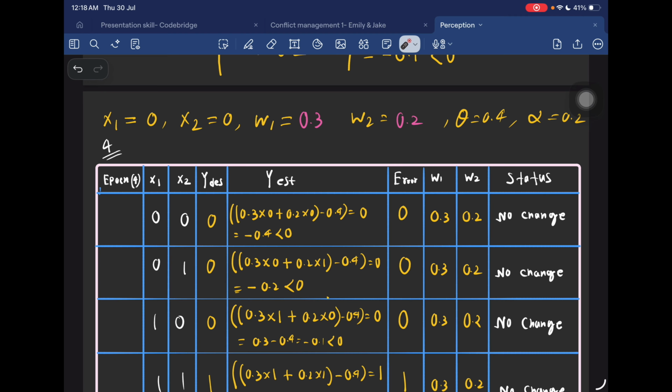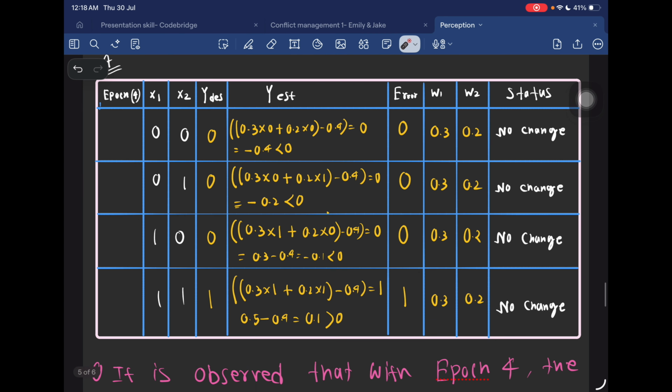Okay, actually there is a mistake here in the symbols. For the features 0 and 0, our weights are 0.3 and 0.2, and we subtract 0.4. The activation function outcome is minus 0.4, which is less than 0. So the error is 0 minus 0, which is 0. Here we make no change to our weights, 0.3 and 0.2.